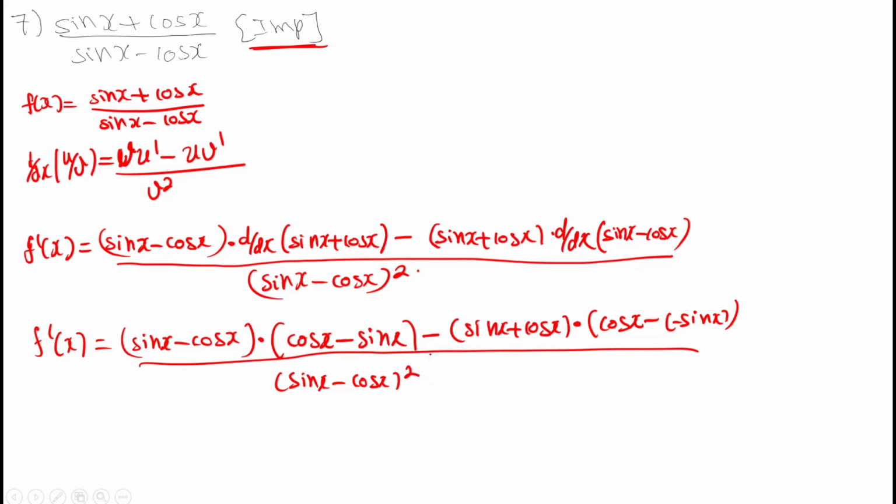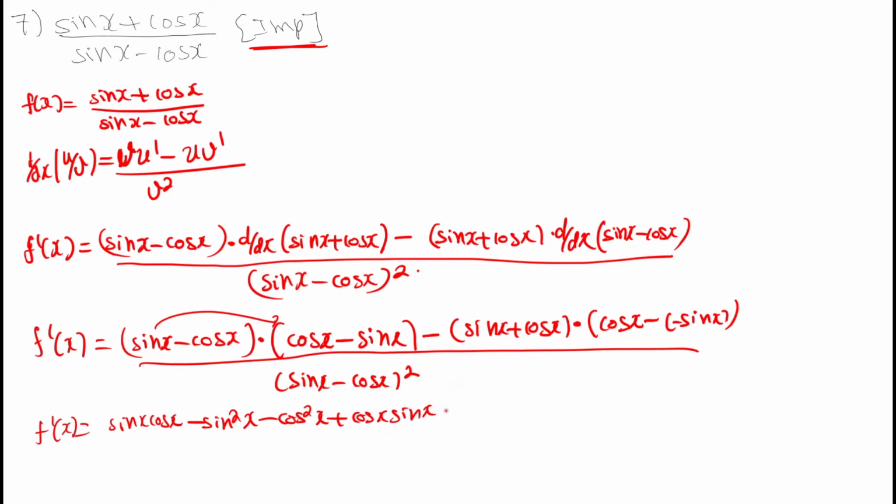Now see here, sin x minus cos x, here cos x minus sin x is there. So if you multiply, f dash of x is equal to first sin x into cos x, that is sin x cos x, then sin x into minus sin x is minus sin square x, then cos x into cos x is minus cos square x, minus into minus plus cos x into sin x.